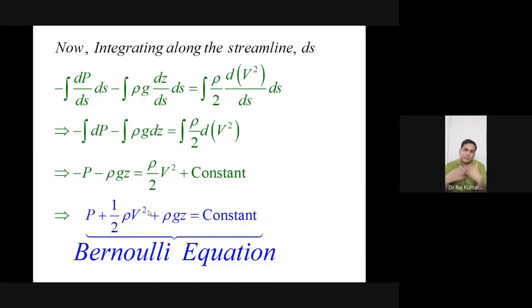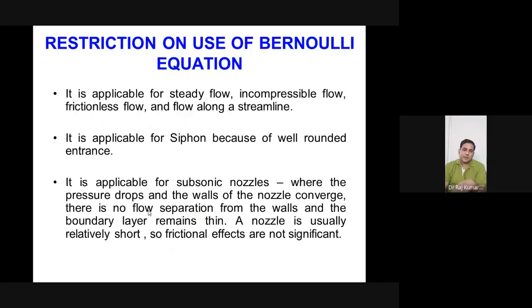Then we put in some further complications just to go close to reality. So maximum focus is always given to Bernoulli application. What are the constraints we have? We have put steady flow first, incompressible, frictionless flow, flow along the streamline. These are the constraints we have put here.